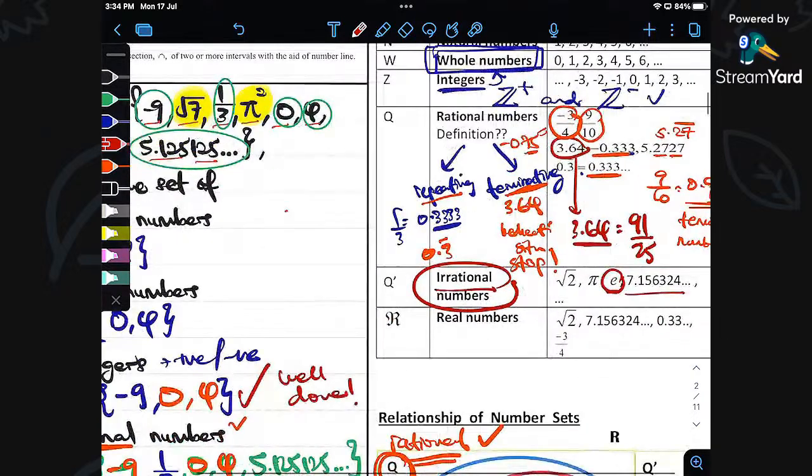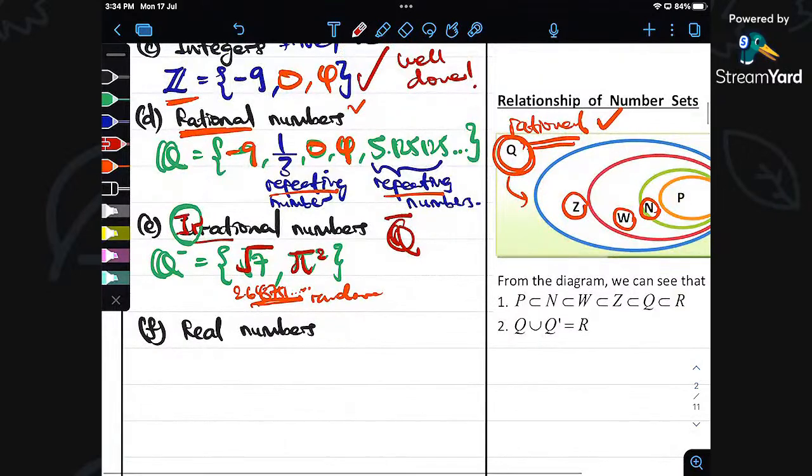Okay, so now you already understand what is irrational and rational, and the last one is actually real numbers. So real numbers is just all numbers, but you don't need to write all numbers, you just write all. All means, it means that all numbers lah.